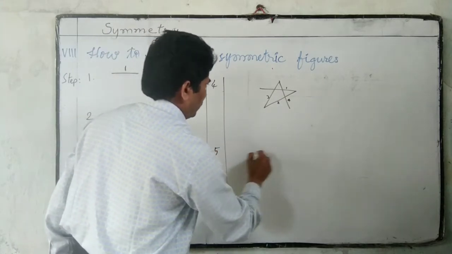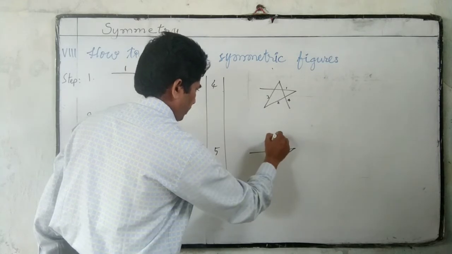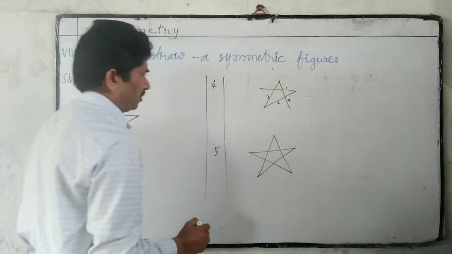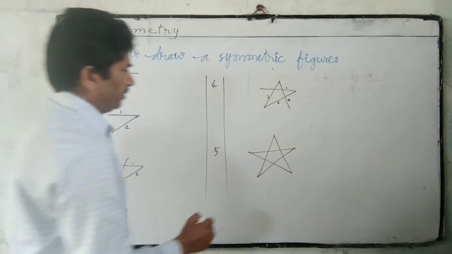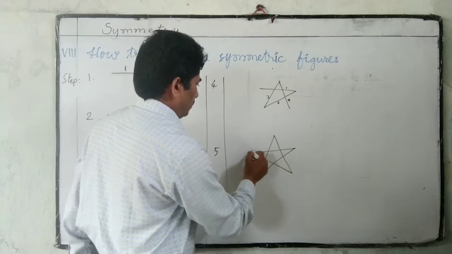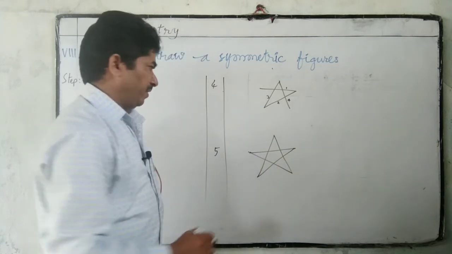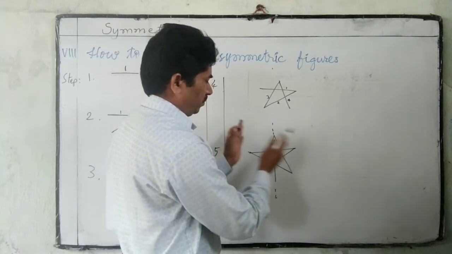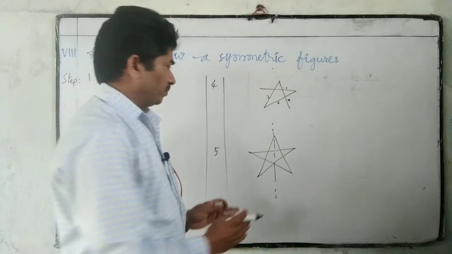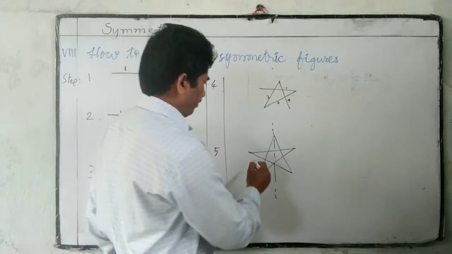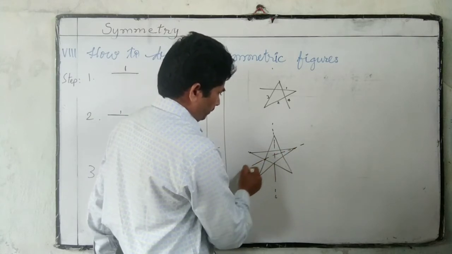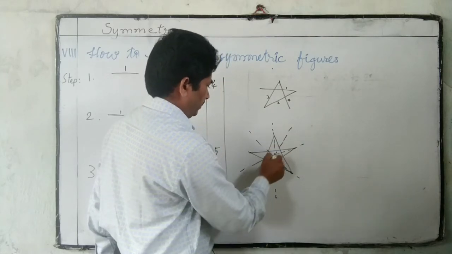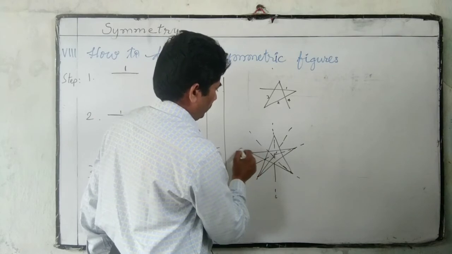And fifth step, 1, 2, 3, 4, 5. So this is a symmetric figure. If we fold it like this, it will coincide each and every part. And also like this, and also like this.